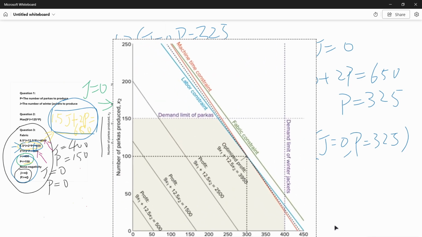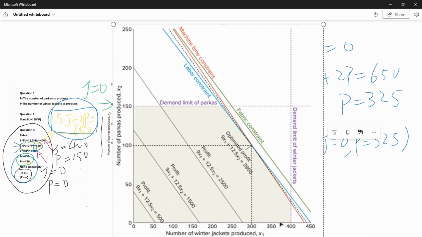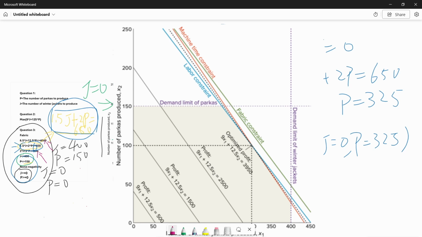And then we're going to focus on the feasible area, okay. So when we only have the machine constraint, the demand constraint on the Parker, the demand constraint on the jacket, and then the non-negativity constraint, which is this area, right?